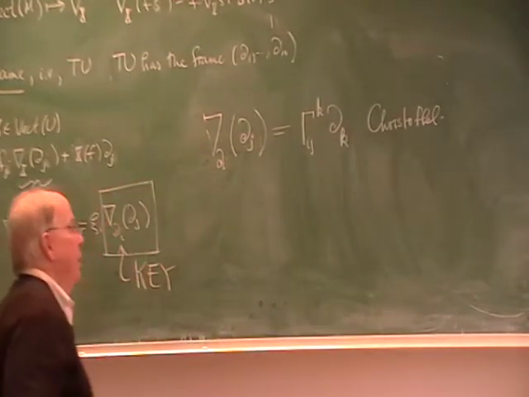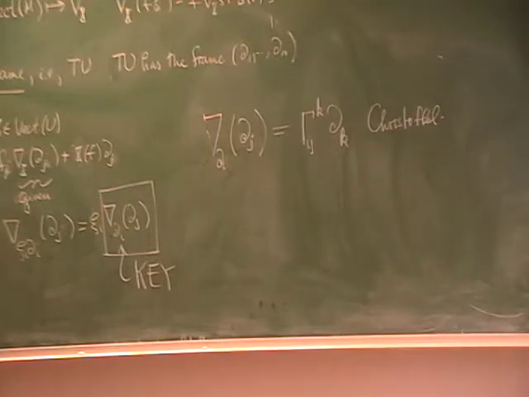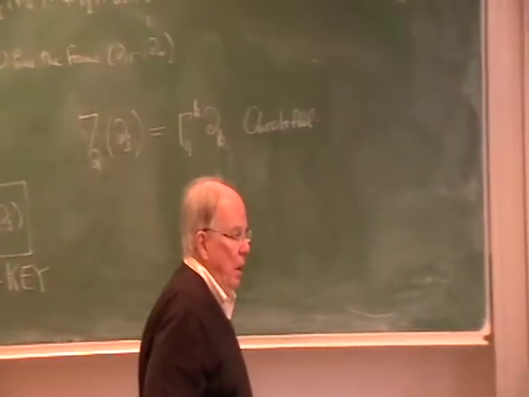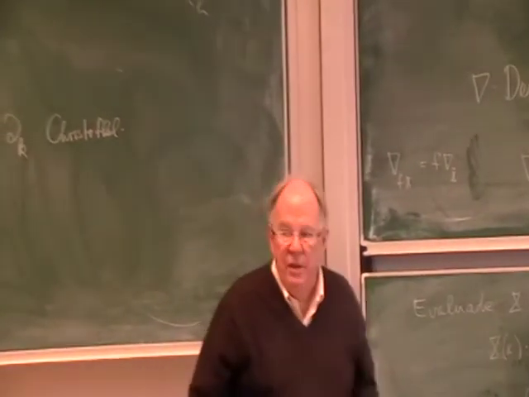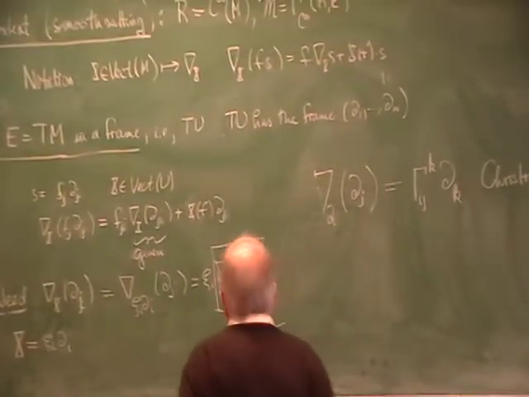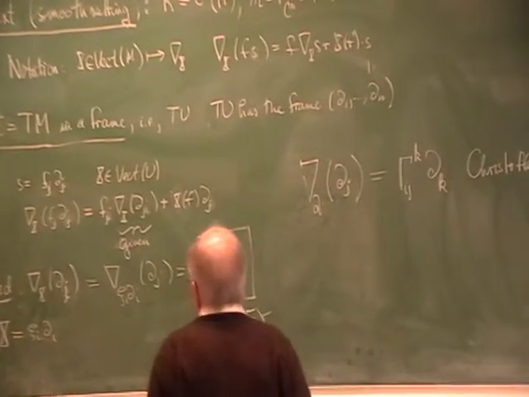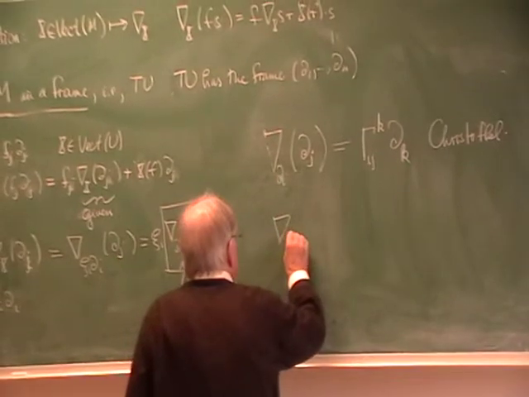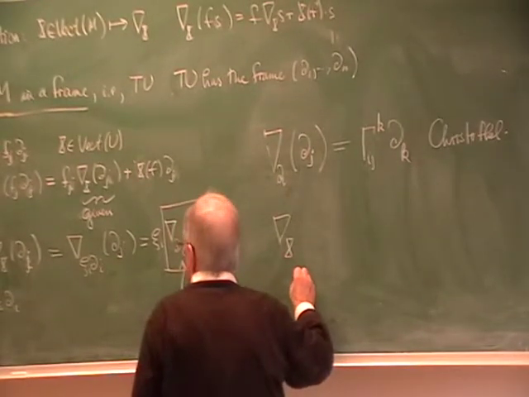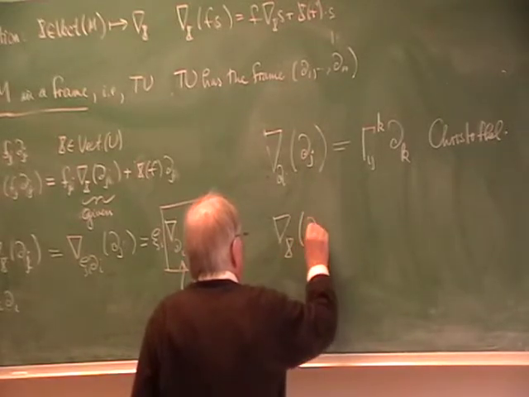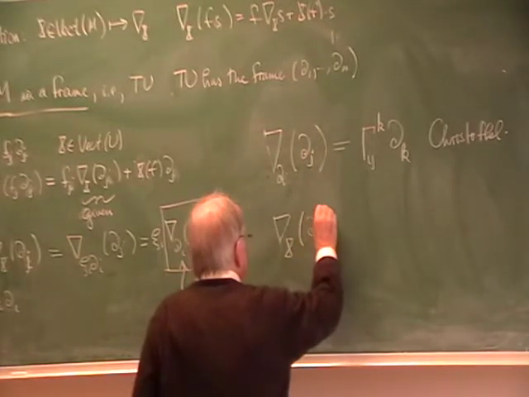Now, I think one of the psychological breakthroughs in this subject is due to Chern. And since that time, we have written this slightly more generally. We have written nabla x of dj.